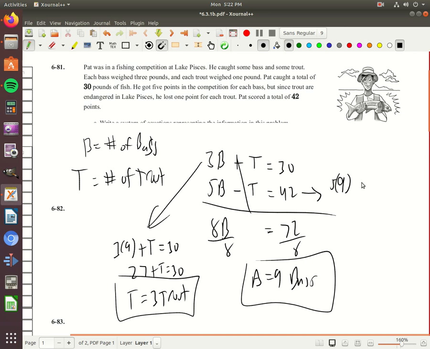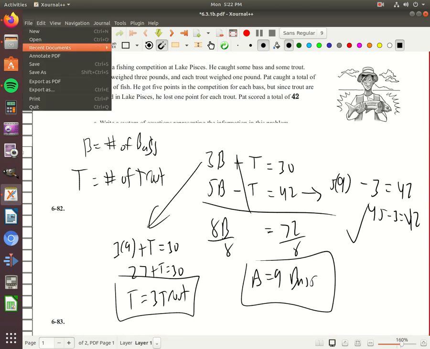So 5 times 9 minus 3 should equal 42, and 45 minus 3 does indeed equal 42. So there you go. He caught 3 trout and 9 bass. Check that. That's 27 pounds in bass, 3 pounds in trout, and 45 points in bass, minus 3 points in trout.